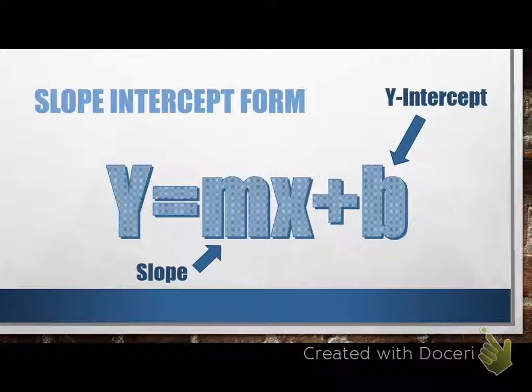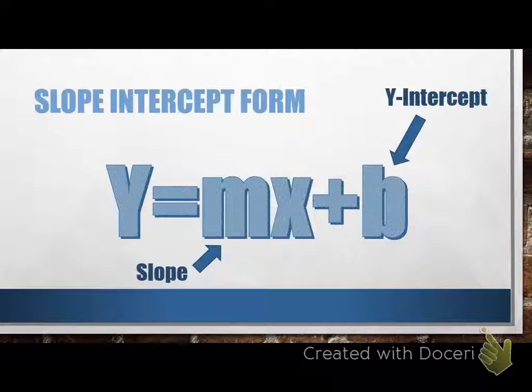So we know, hopefully, remember from Algebra 1 that we have to put a linear equation in slope-intercept form. This is slope-intercept form. Now, I know what you may be thinking. No, you don't have to put it in slope-intercept form to graph it, but it is the most common form of a linear equation to use to graph.